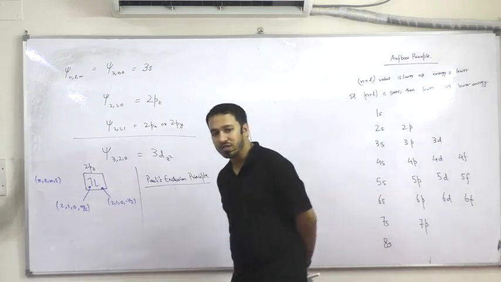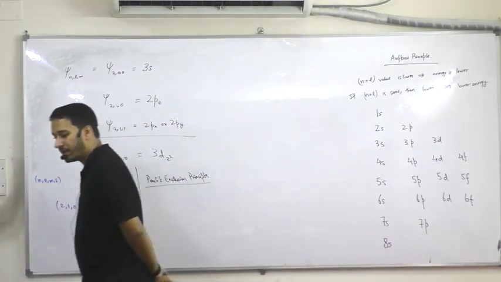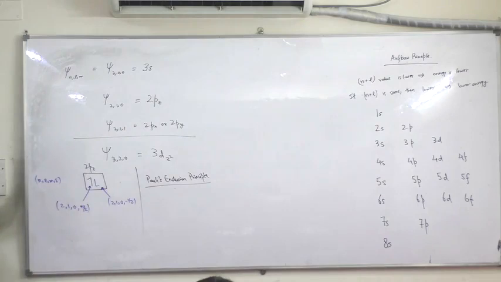No two electrons in an atom can have the same set of 4 quantum numbers. Right? Which immediately implies what?